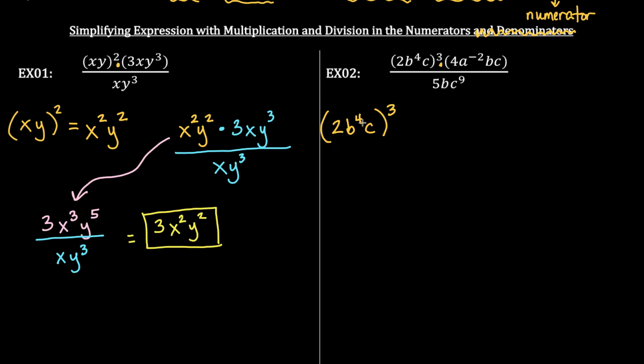So 2 to the third is 2 times 2 times 2, which is 8. B to the fourth times b to the fourth times b to the fourth is b to the 12th.